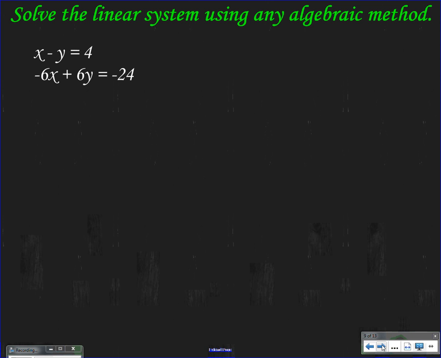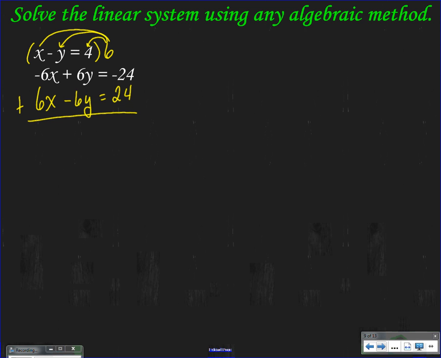Let us multiply the top row by 6. So distribute. 6 times x is 6x. And 6 times negative y is negative 6y. And 6 times 4 is 24. So now I add them together.